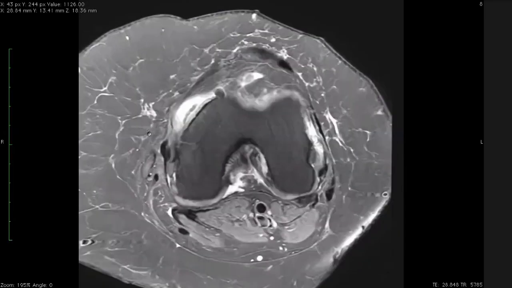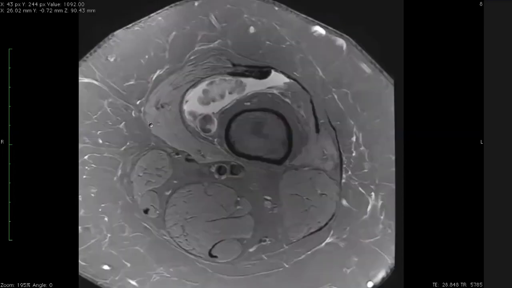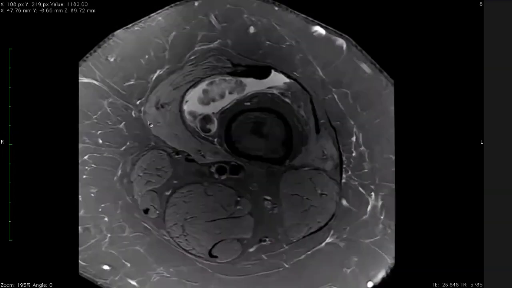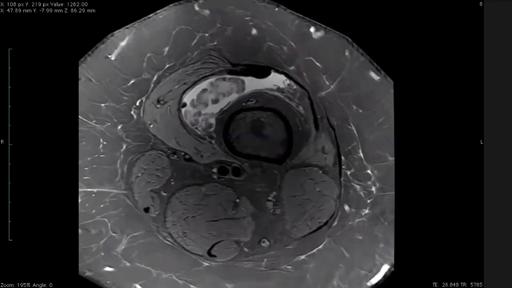What do you see there, Dr. Rida? Yes, I can appreciate the multiple hypointense areas in the suprapatellar bursa, along with the degenerative joint changes in the form of subchondral cyst formations, and cysts.